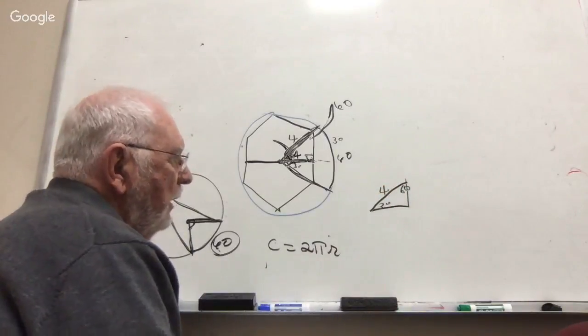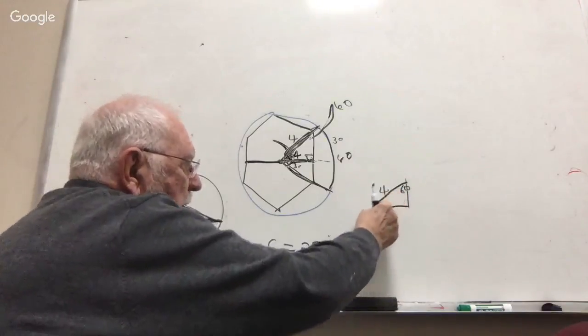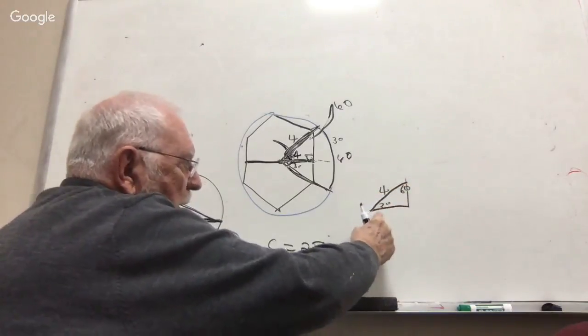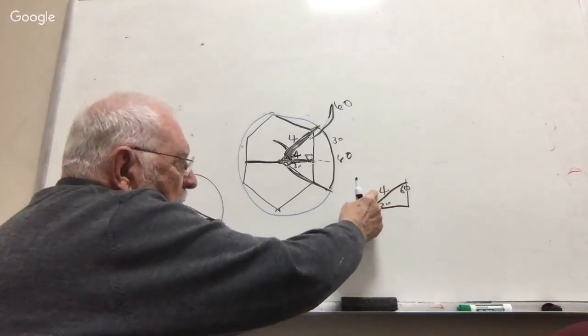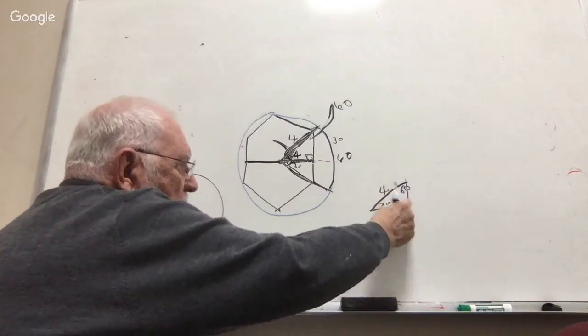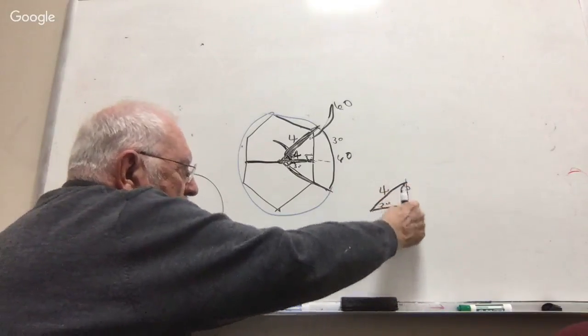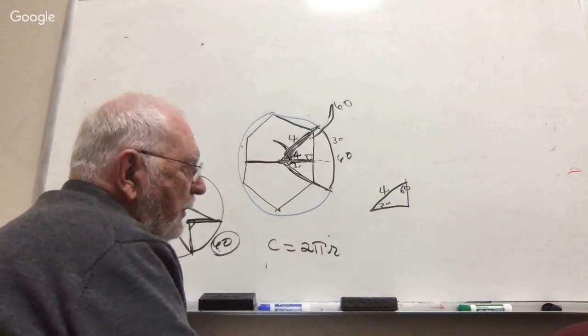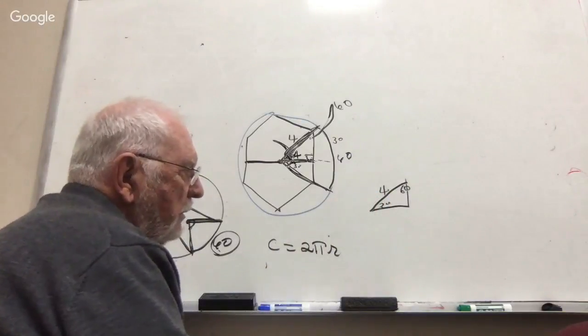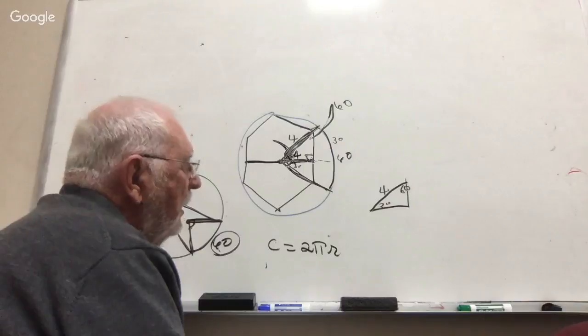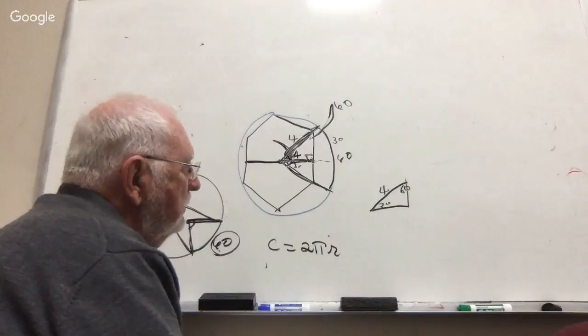So this is a 30, 60, 90 right triangle. So what do we know about the short side in relationship to the hypotenuse in a 30, 60, 90 right triangle? They're equivalent. No, not quite.